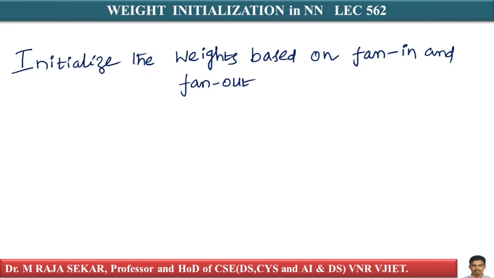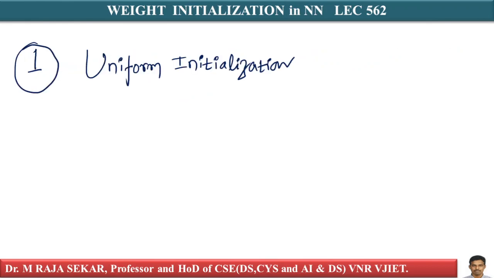There is a lot of experimental data here. There is some theory, as I told you earlier, though it is a weak theory and not very strong and solid. Let's go and understand a couple of options. The first technique is called uniform initialization, which is simple Gaussian initialization with a reasonably small standard deviation, not too small, not too large.